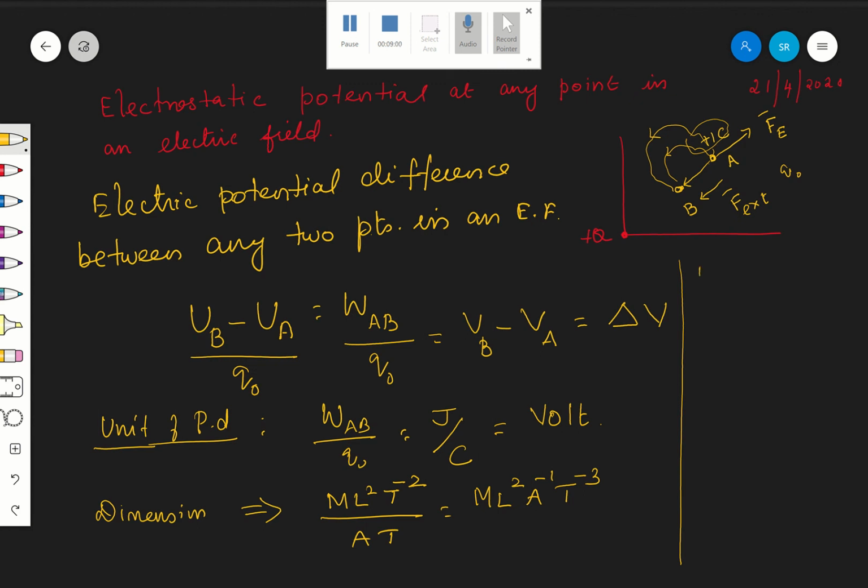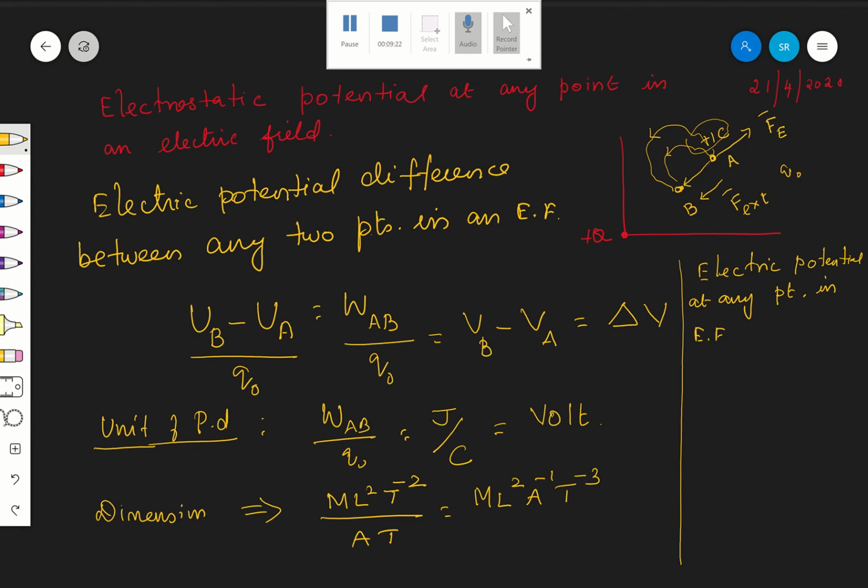Electric potential at any point in electric field. For that, you have to take A outside the electric field.